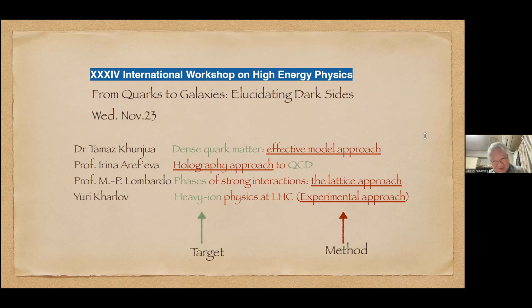For the critical point, we should go to the low energy experiments. So these are the future facilities, NICA in Dubna, and FAIR. And at RHIC energies, we achieve almost zero baryon chemical potential. So this is very far from the critical point. At very high energy, we simply study another part of the phase diagram. So that is why our experiments do not contradict each other, we simply complement each other.